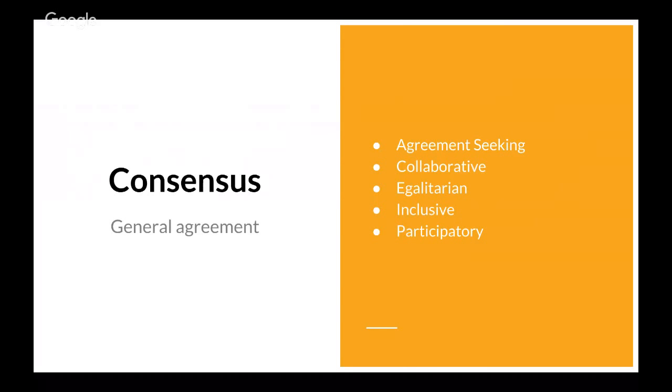The key characteristics of consensus-driven decision-making are that it's agreement seeking, that we're looking to find an overall agreement of the people participating. It's collaborative. Everyone contributes.